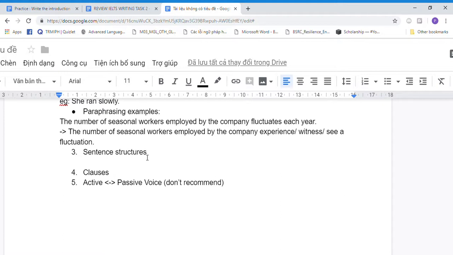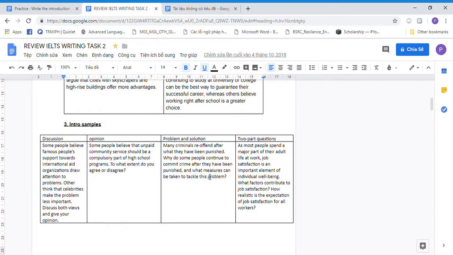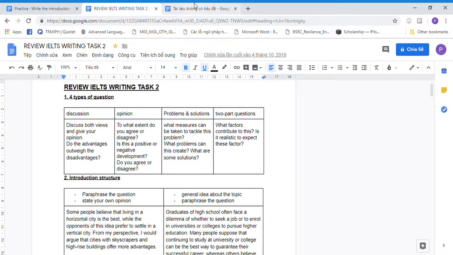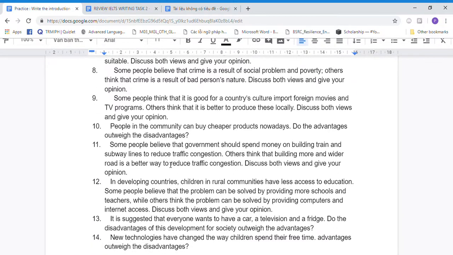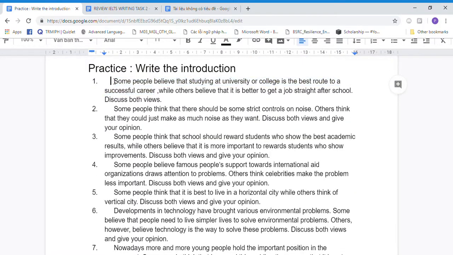For example, maybe we should use some examples from here. I'll pick out some good examples. Let's just use this question as example. I will paraphrase everything here.